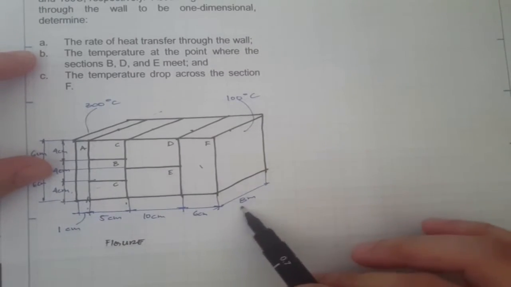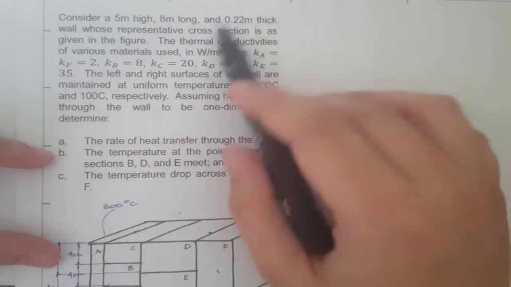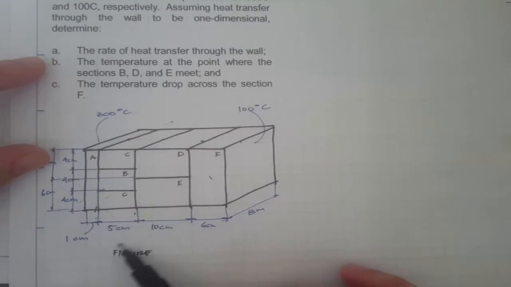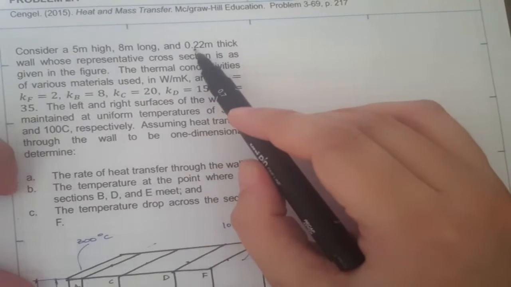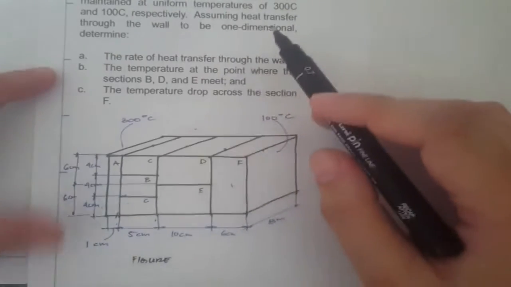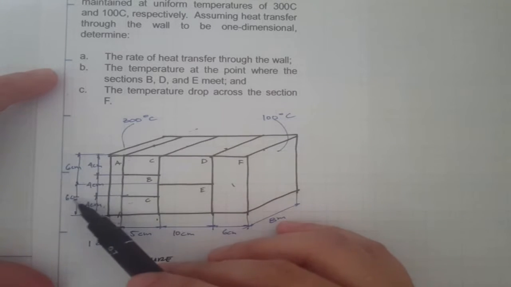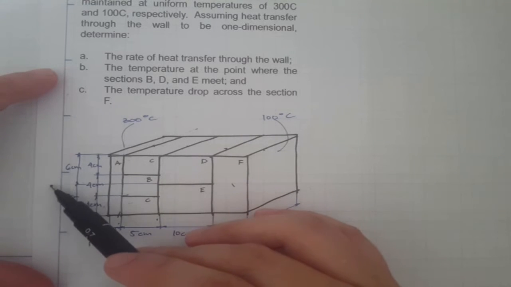Here is our 8-meter length, and our thickness is 5 plus 10 plus 6, which is 21 cm, plus 1, so we have 22 cm or 0.22 meter, right? While our height is 6 cm plus 6 cm, which is 12 cm or 0.12 meter, okay?